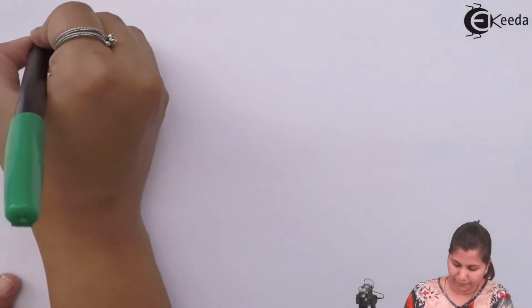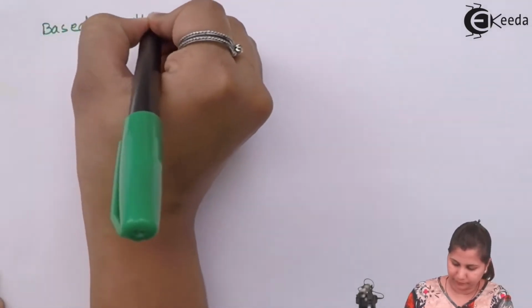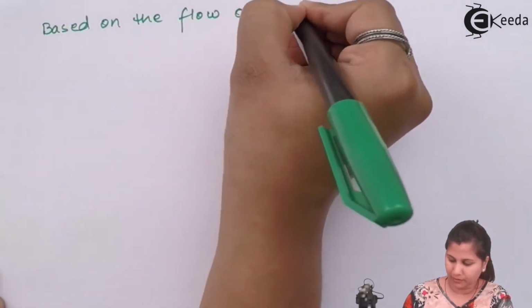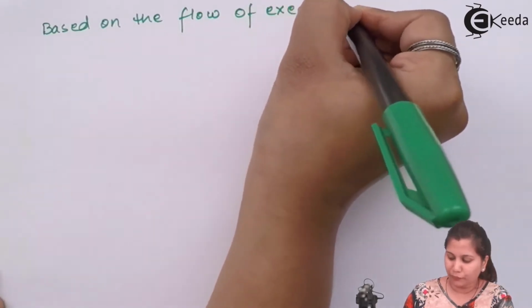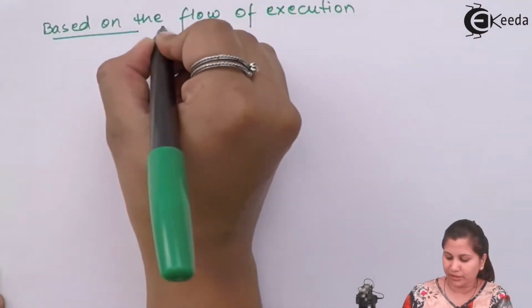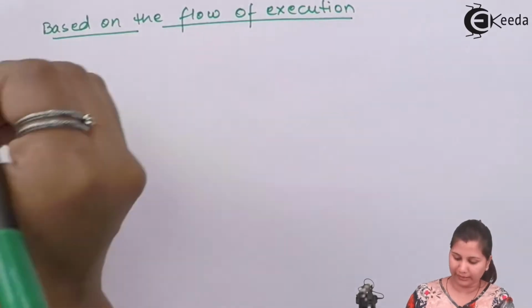First, let us see how the instructions are classified on the basis of the flow of their execution. Based on the flow of execution of instructions, they are classified into two categories.